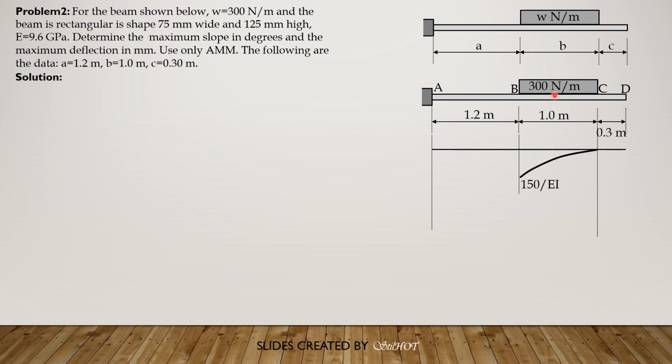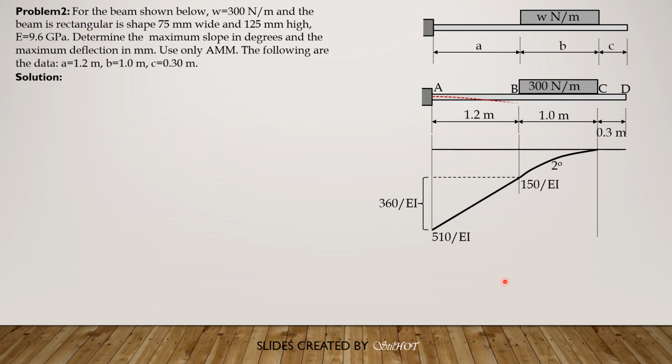So 300 times 1 times 1.7 is equal to 510 over EI. Then we divide this moment diagram into known areas like that, and to make this triangle. So 510 minus 150, the height of this triangular portion would be 360 over EI.